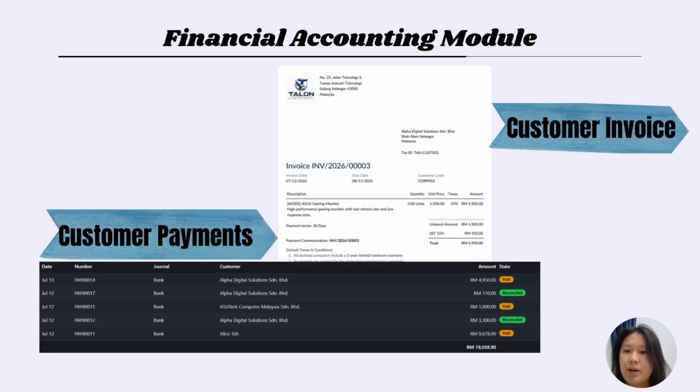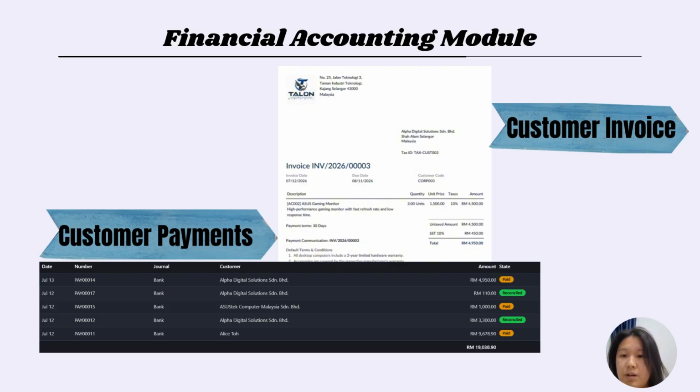This slide provides a closer look at a specific transaction, a customer invoice and its associated payments. The main document is a detailed invoice for Alpha Digital Solution for the sale of a gaming monitor. It clearly lists the item, quantity, price, and a 30 days payment term. The table below shows the corresponding customer payments that have been received.